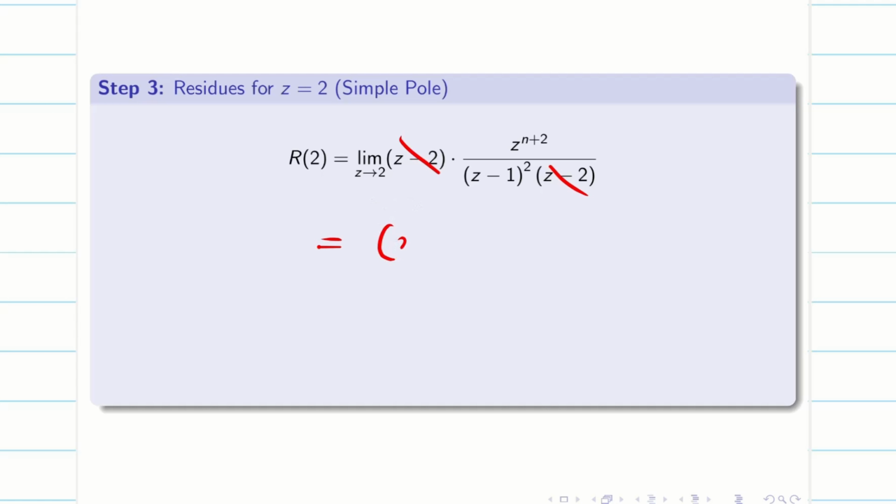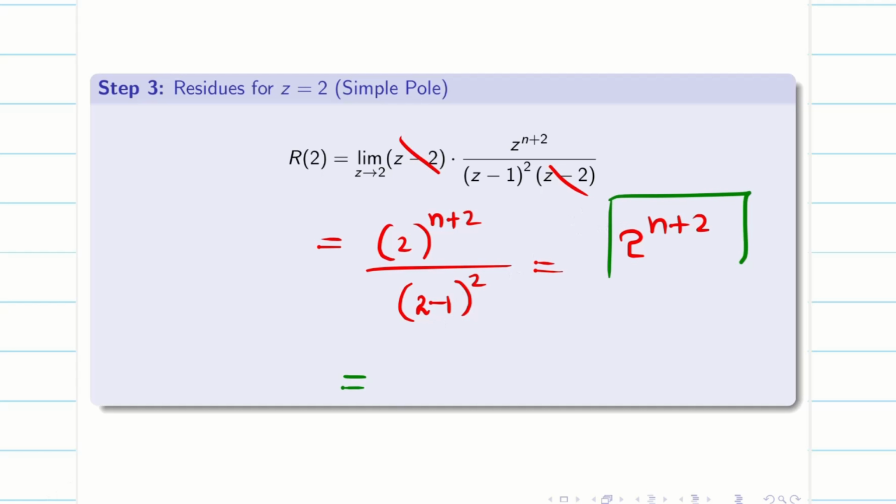Applying the limit, we will have 2 power n plus 2 divided by 2 minus 1 whole square. So the answer is 2 power n plus 2. As I said in problem 1, either you can keep 2 power n plus 2 as it is, or simply write this as 2 power n into 2 square, that is 4 into 2 power n. Both are correct.